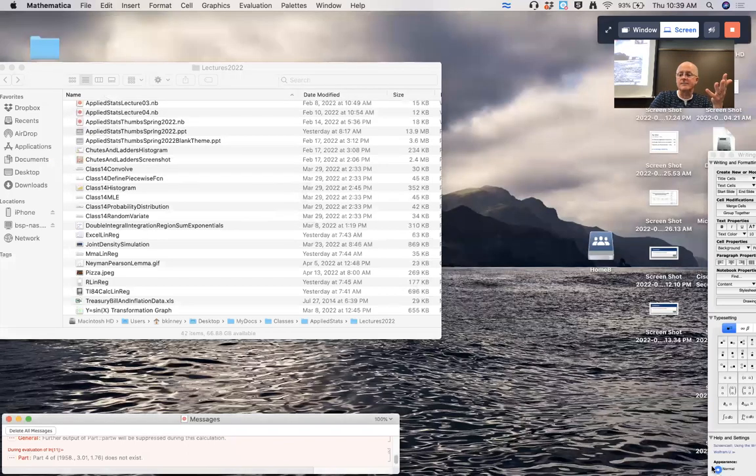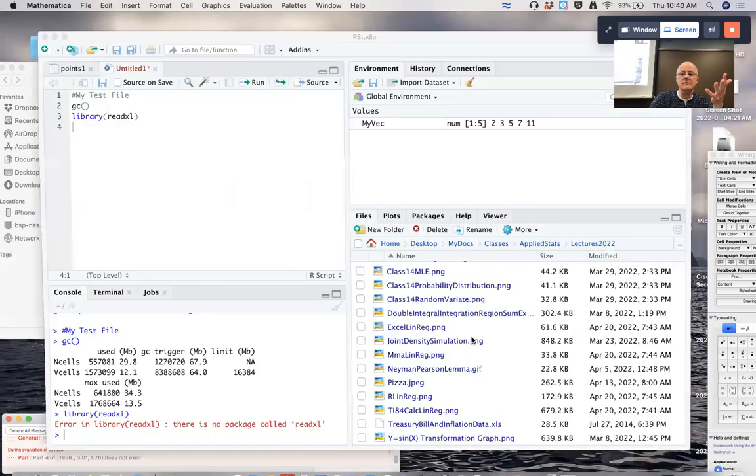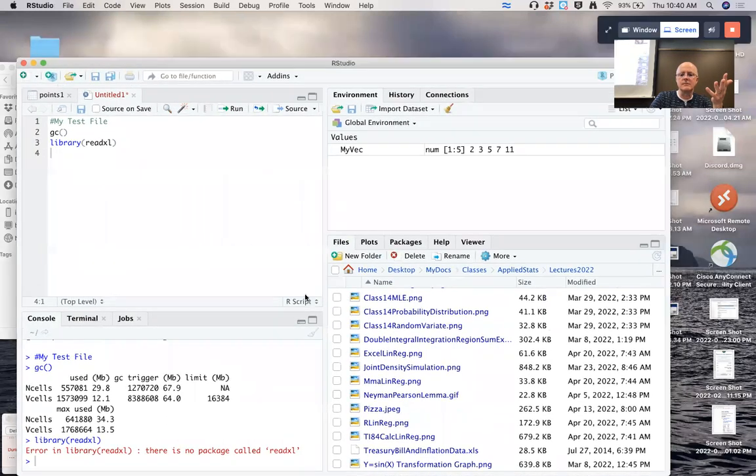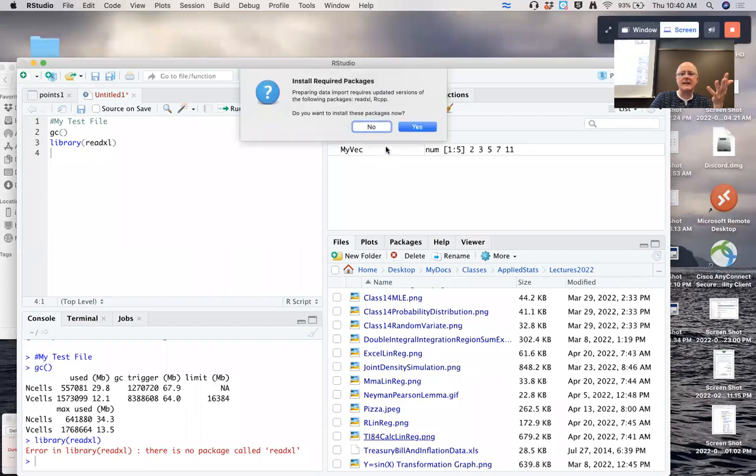With R, I tried importing it through this file structure here in RStudio. And here was the file. Try to import data set. And it said preparing. Then it said install required packages. And I clicked yes, and it did something, but it didn't help.